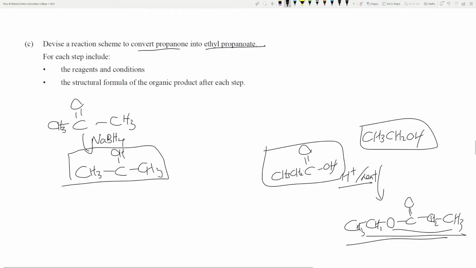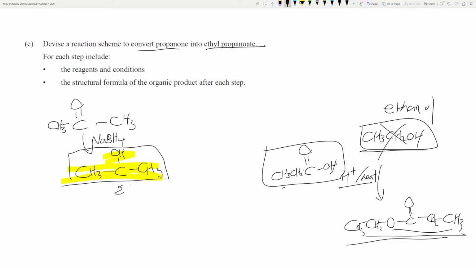Okay, so obviously if you look at what we got so far, which is propan-2-ol, it's got nothing to do with this ethanol. So this is not part of the flowchart. We're trying to essentially turn this into this, but we can't, because this is propan-2-ol and this is propanoic acid.